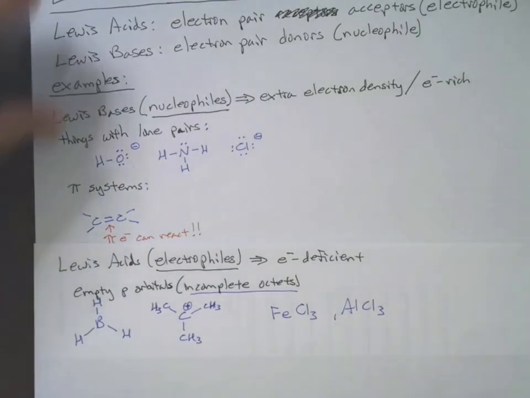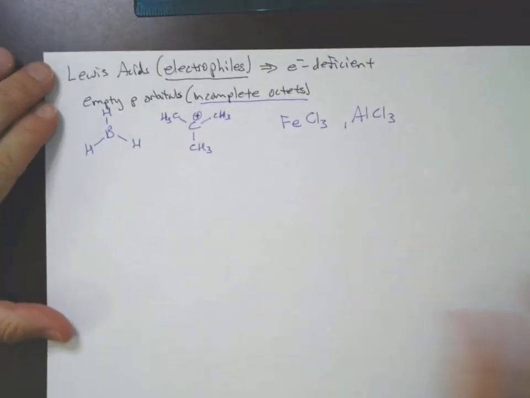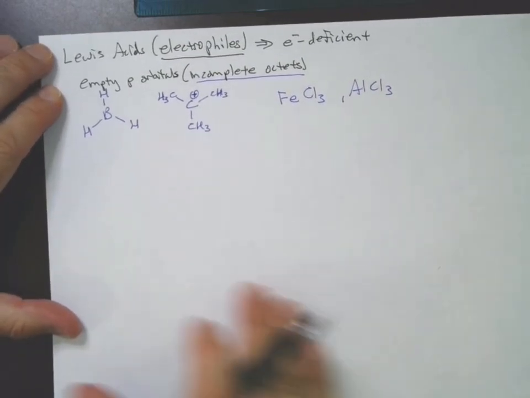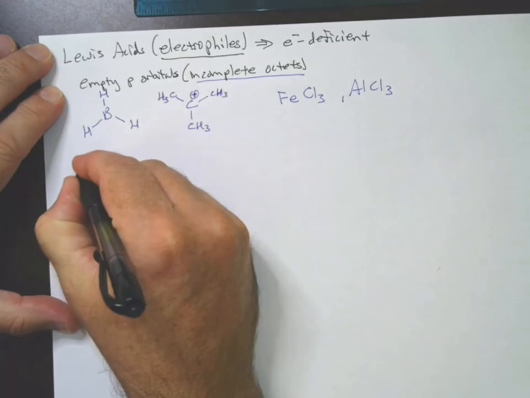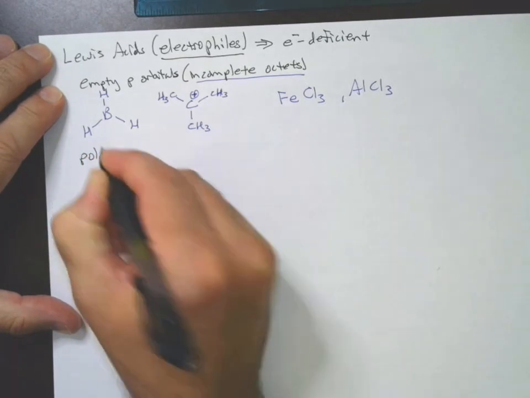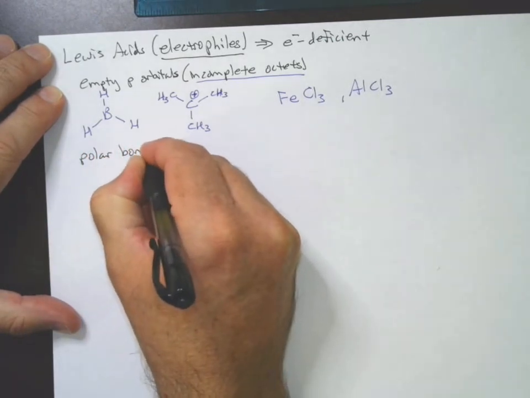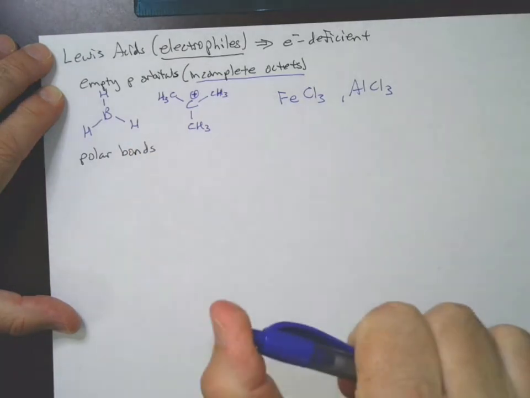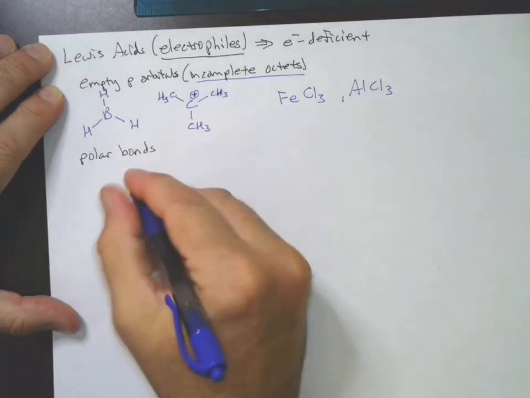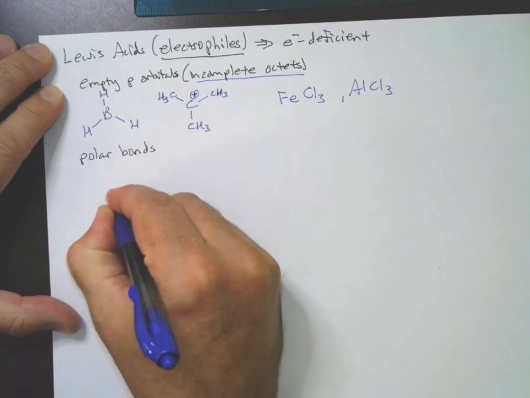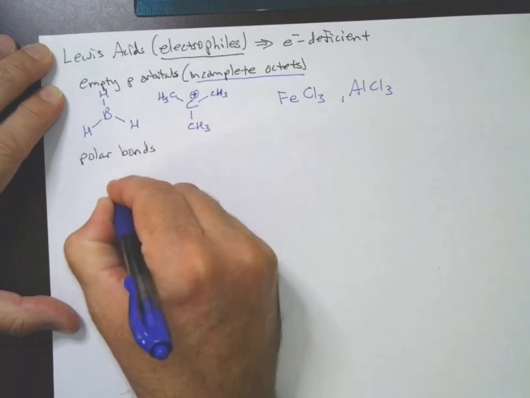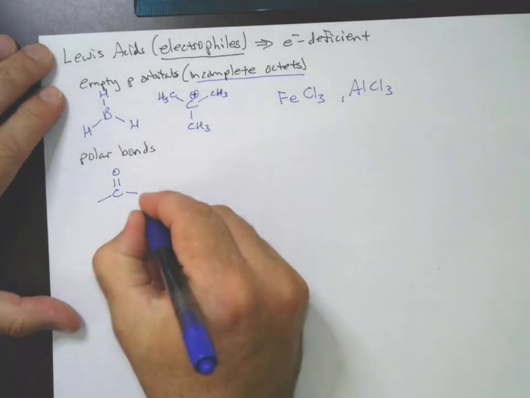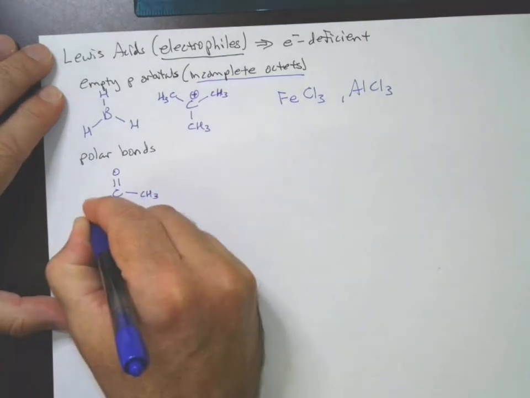The other case that we can have is polar bonds. And an example of this would be the carbonyl. So let's just say we had acetone here.